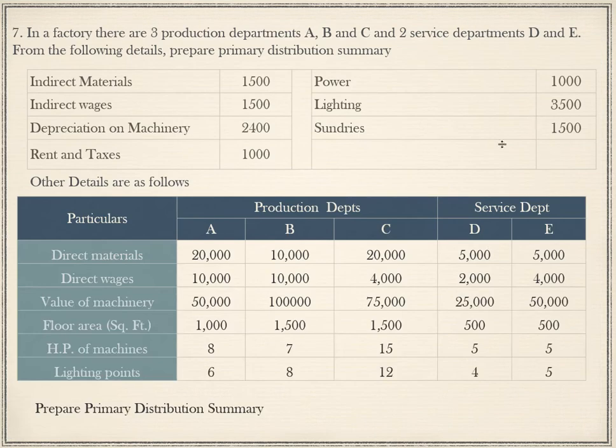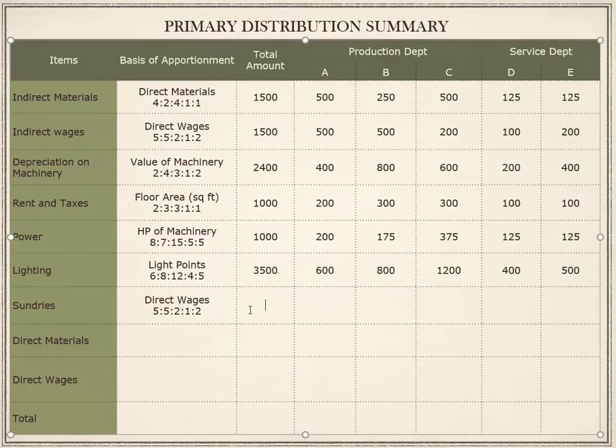The value of sundries is 1500. 5 plus 5, 10, 10 plus 2, 12, 12 plus 1, 13, 13 plus 2 is 15. 1500 divided by 15 is 100 once again. 100 into 5 is 500, 100 into 5 is 500, 100 into 2 is 200, 100 into 1 is 100, and 100 into 2 is once again 200.